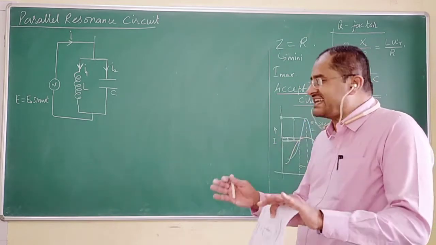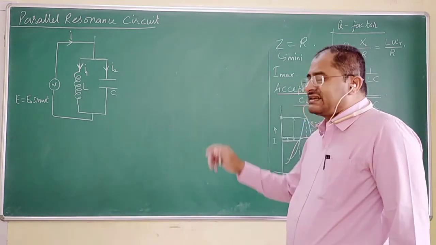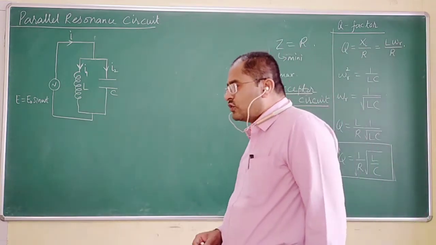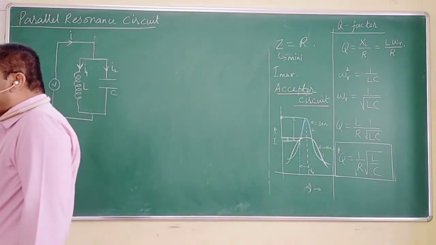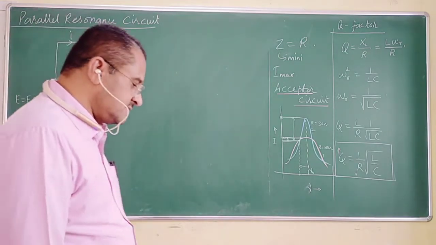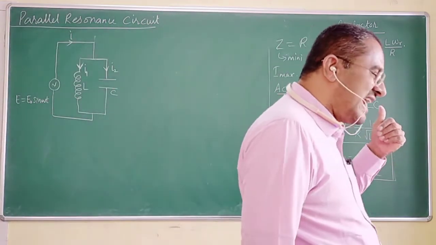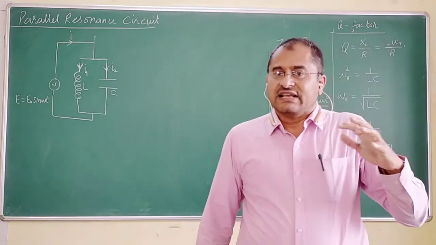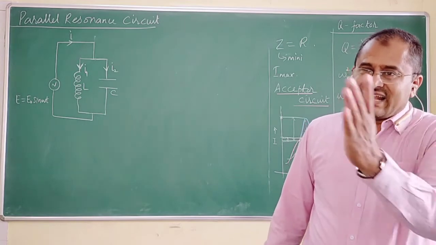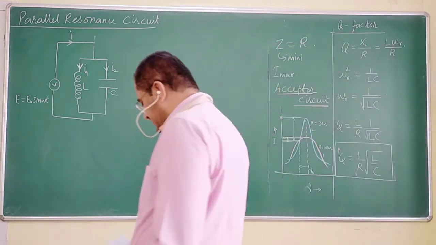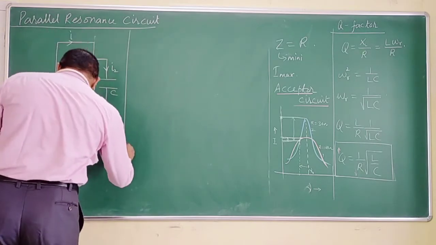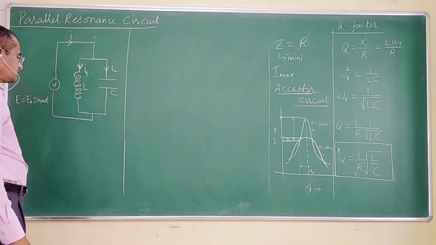To be more precise, in this diagram, the currents I1 and I2 are anti-phase with each other, because in the inductance L, current I1 is lagging the applied EMF, and in the capacitance C, current I2 is leading the applied EMF.